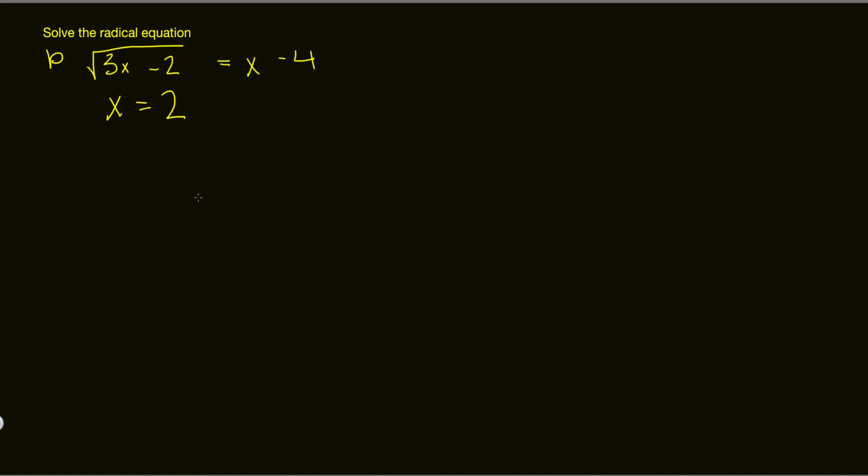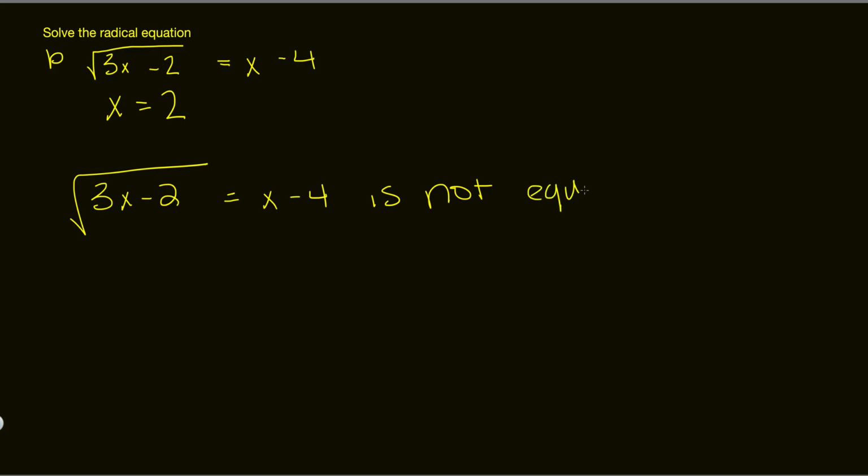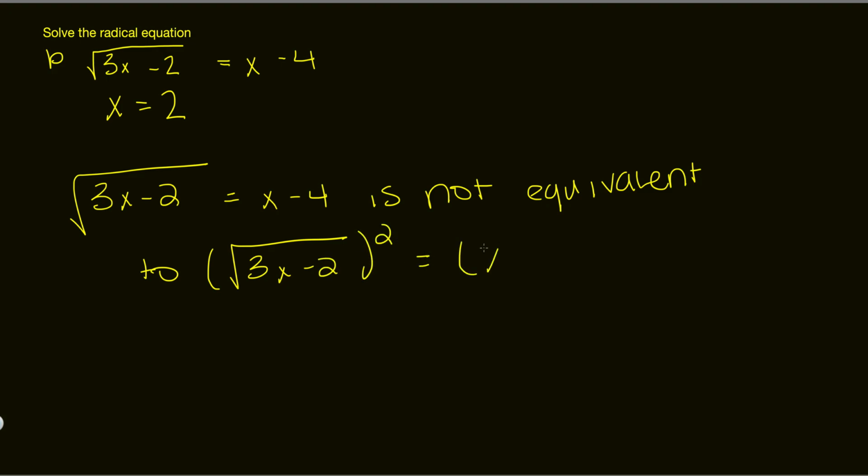When we solved this, we squared both sides, so the equation the square root of 3x minus 2 equals x minus 4 is not equivalent to 3x minus 2 equals x minus 4 squared.